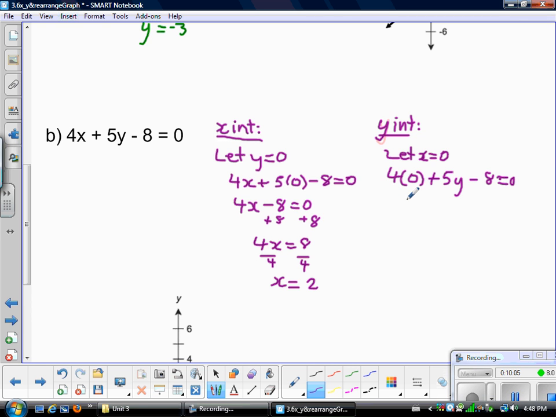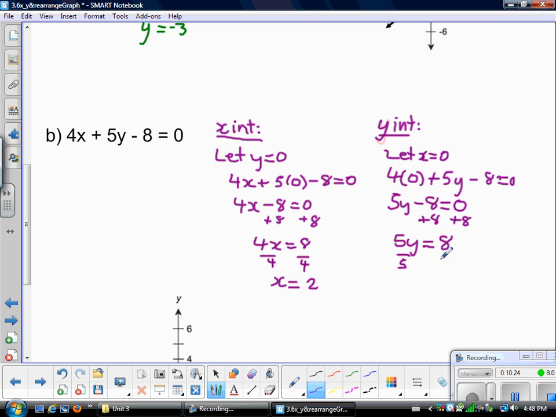So 4 times 0 is gone, so we're left with 5y minus 8 equals 0. To get the 8 to the other side, we're going to add 8. And so we have 5y equals 8. And to get rid of the 5, we're going to divide by 5.